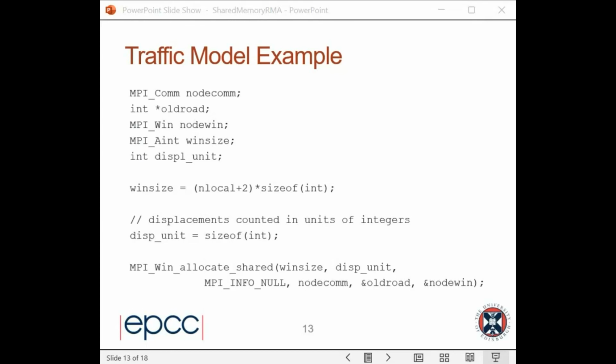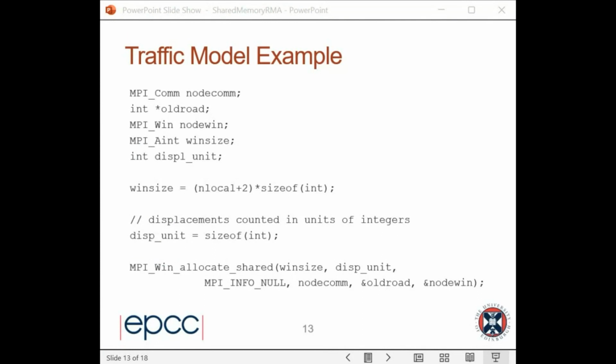What we have to do is this update road, which requires access to your local cell i, but also i+1 and i-1. Because of that, you have issues at the boundaries. So before we do that update, we do this halo swap where we exchange our boundary cells with our neighbor. We set our old road of 0 to be our neighbor's extreme value, and our old road of n local. So this is the halo swapping bit.